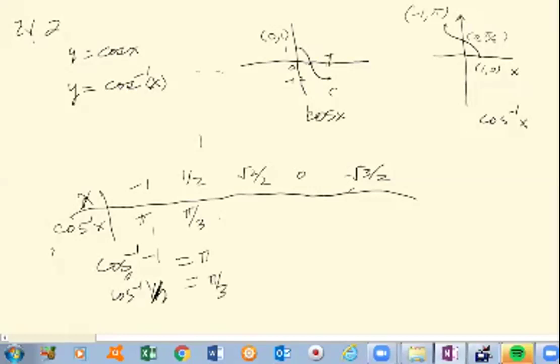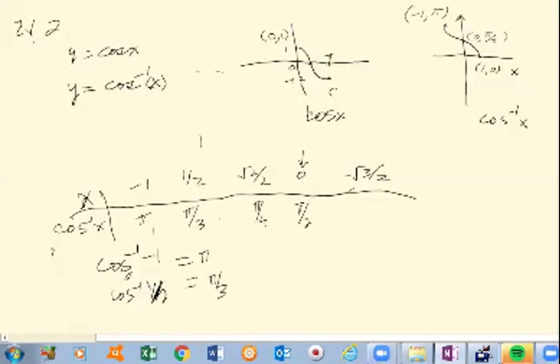And the third one, root 2 over 2. We're familiar with the unit circle, so you know that this would be pi over 4. When is the cosine 0? That's what you're asking. Well, you know it happens at pi over 2.